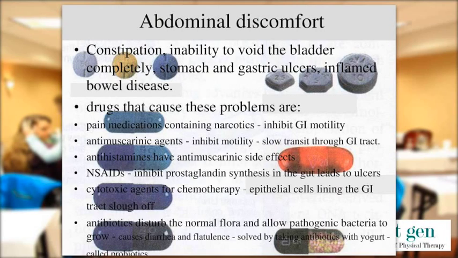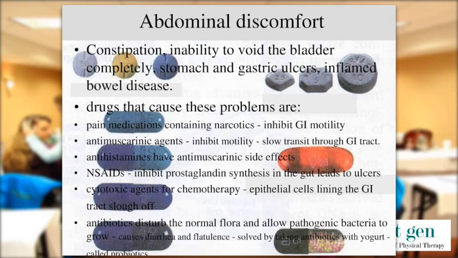Now, some of the issues with abdominal discomfort, constipation, inability to avoid the bladder, stomach and gastric ulcers, inflammatory bowel disease, these are some drugs that we need to be aware of. As far as pain medications, narcotics that inhibit GI motility can really cause constipation in any patient, but more so in the elderly.